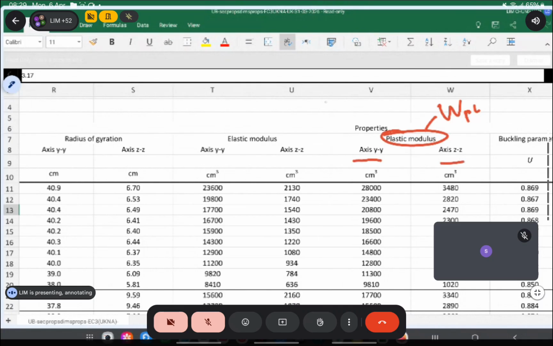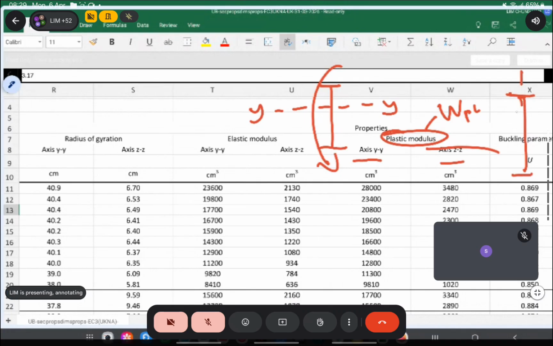Okay, so just to recap, kalau ini beam kamu, ini y-axis, meaning bending this way. Or if this is your beam, z-axis is the vertical one, meaning bending about z.